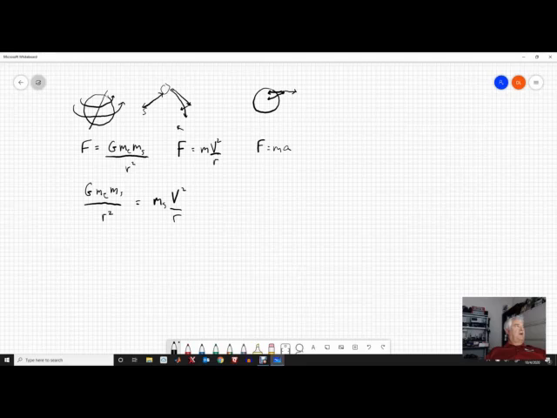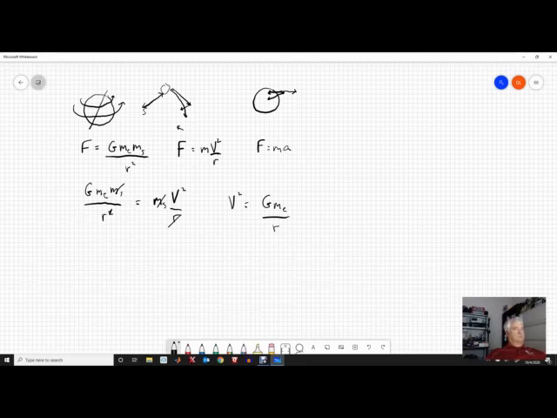So right away we see these terms cancel, and we can get rid of this and get rid of this. So we're left with the result that v squared is equal to G M_E over r.